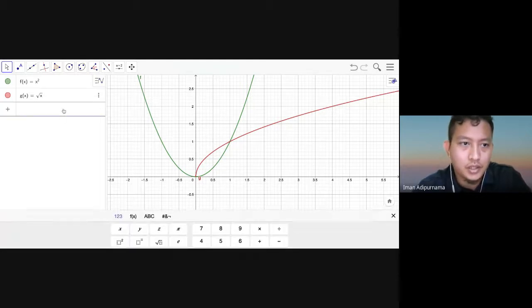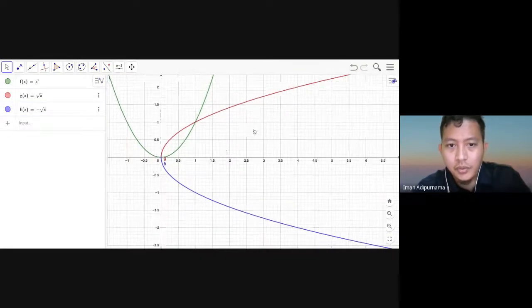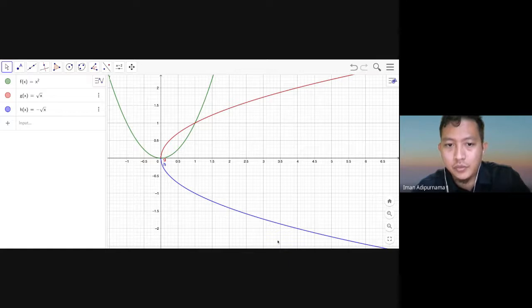If we draw here another function, negative square root of x, yeah, we also have this part.